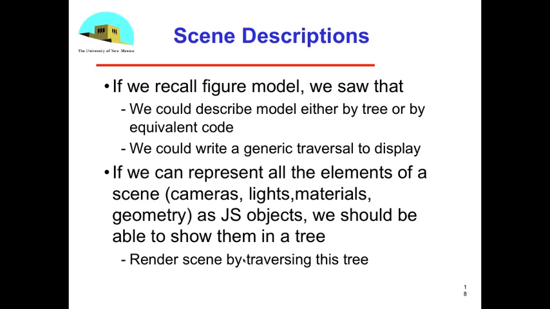So the root of that tree is the scene, and in that scene it has multiple objects, each of which can have other objects associated with it, hierarchically. And then I can render the scene.